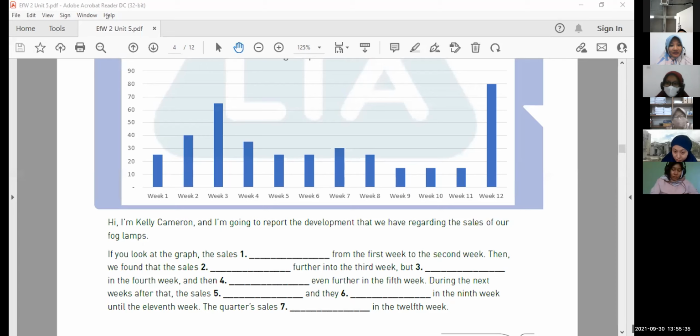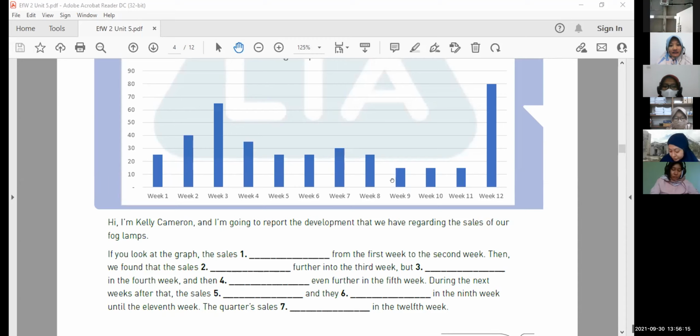Okay, good. So number 5 is, thank you, during the next weeks after that, the sales fluctuated. And then number 6, after fluctuated, they went steadily constant in the 9th week, until the 11th week.